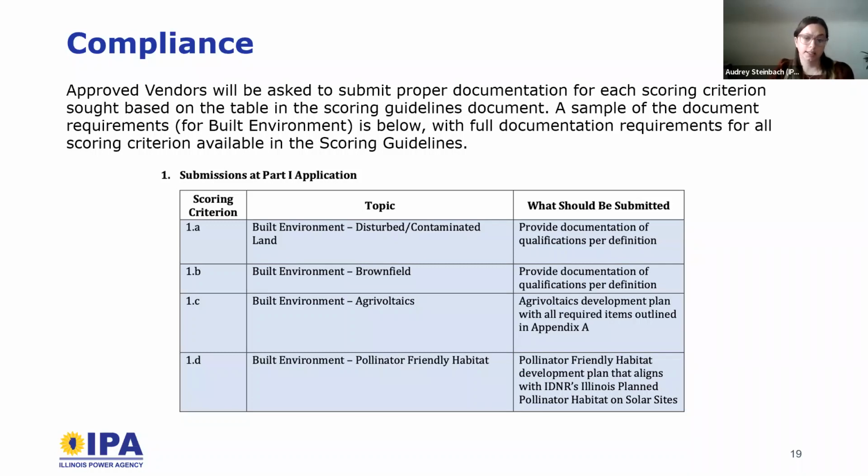Still, each criterion that an approved vendor wishes to be scored upon must be true of the project at the time of application. So said another way, a project will not be able to change its score after the application has been submitted.